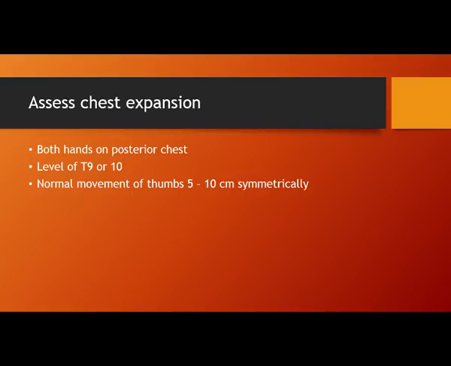You've got a little tiny skin flap of theirs in between your two thumbs. Then you ask them to inhale and let your hands move with the chest as it expands, and you should have a movement of about 5 to 10 centimeters. That would be the normal chest expansion.